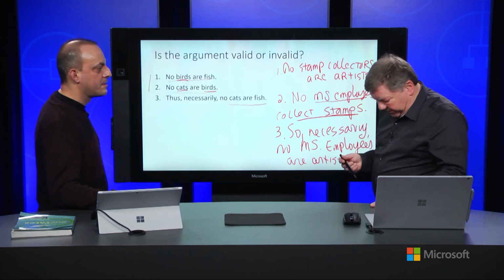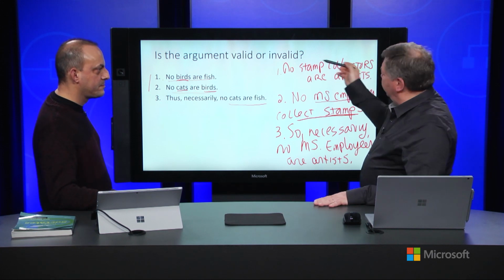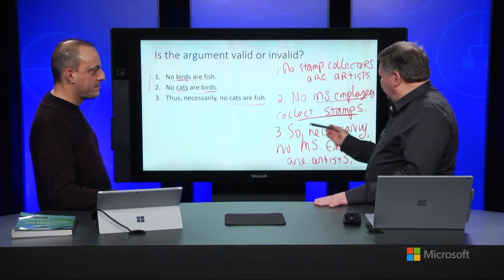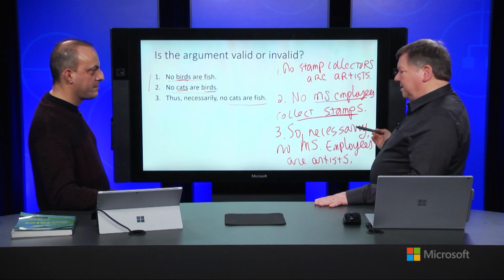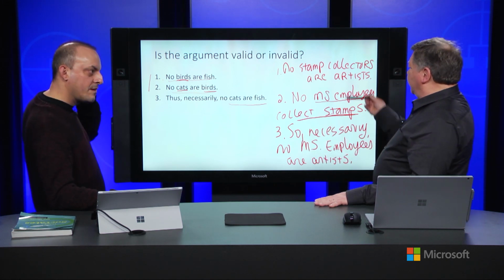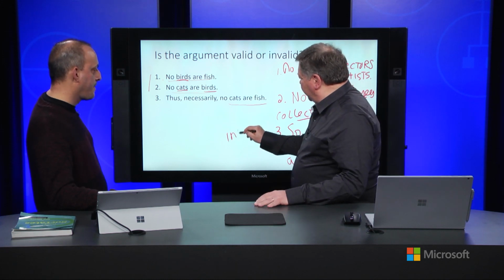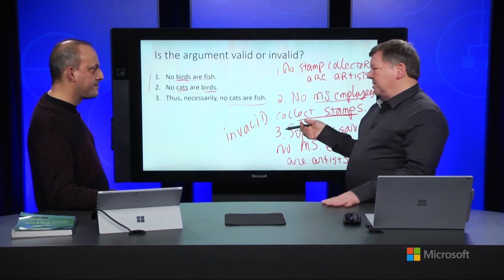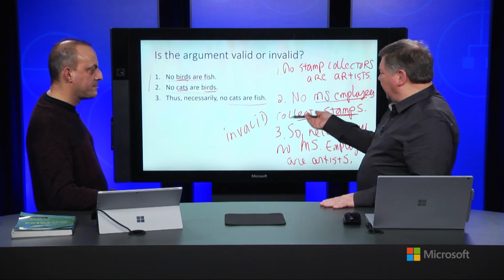Yes, and in terms of information theory, the information content of the premises by itself doesn't include the information content of the conclusion. Correct. So both of these arguments are invalid because they instantiate, as you'll learn, an invalid form.